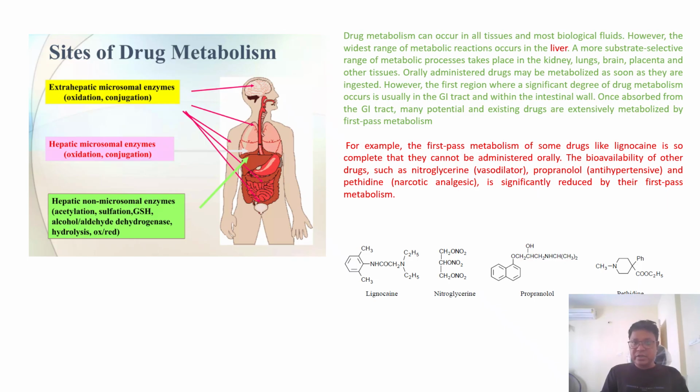Orally administered drugs may be metabolized as soon as they are ingested. However, the first region where a significant degree of drug metabolism occurs is usually the gastrointestinal tract and within the intestinal wall. Once absorbed from the gastrointestinal tract, many potential and existing drugs are extensively metabolized by first-pass metabolism.